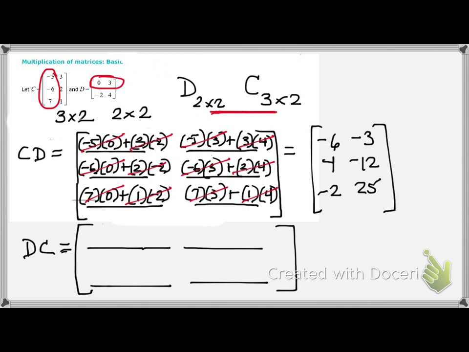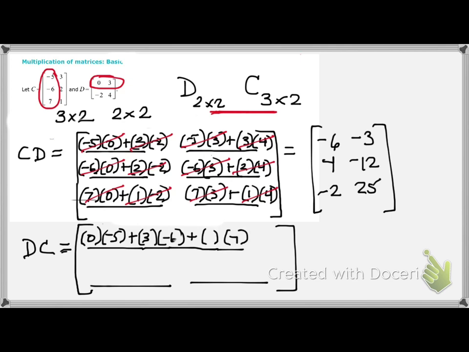So how is that going to work out? I'm going to go 0 times -5 plus 3 times -6. And then I'd have to extend this a little bit. And then what happens, I would have something times 7.